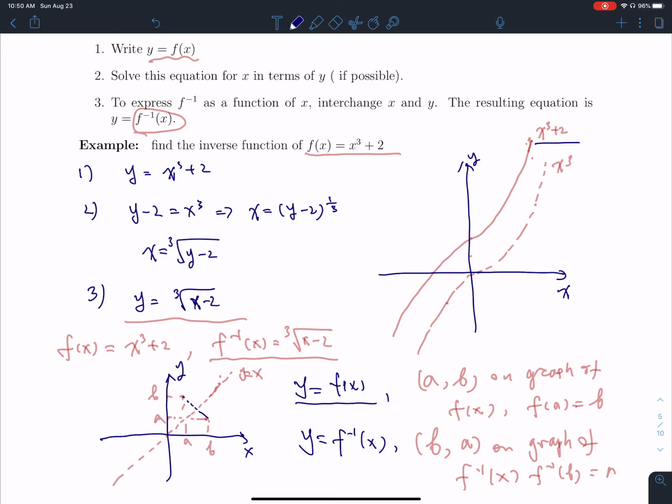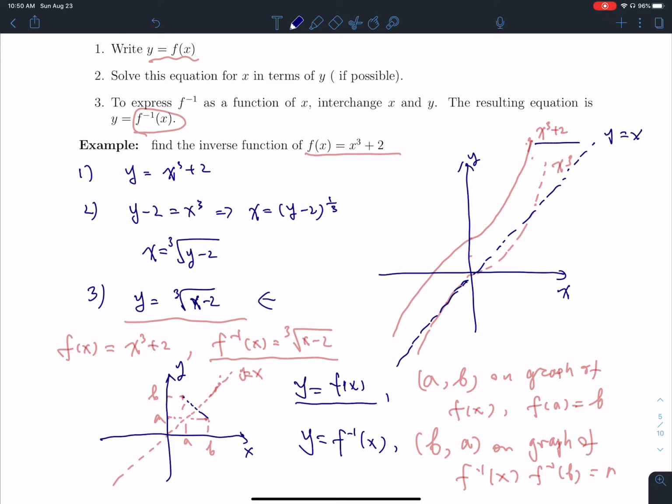All right, you can think about how to draw the graph of the inverse for this particular example. Just think about how to make it symmetric about this line y equals x.